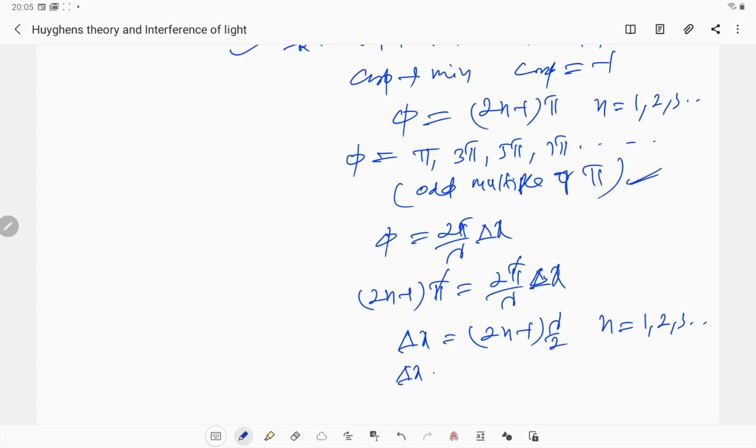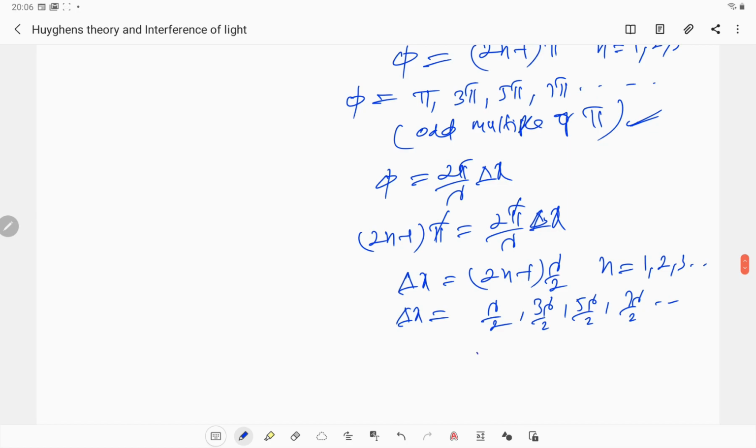Therefore delta x for n is equal to 1 is lambda by 2, n is equal to 2 gives 3 lambda by 2, 5 lambda by 2, 7 lambda by 2 and so on. This is an odd multiple of lambda by 2.